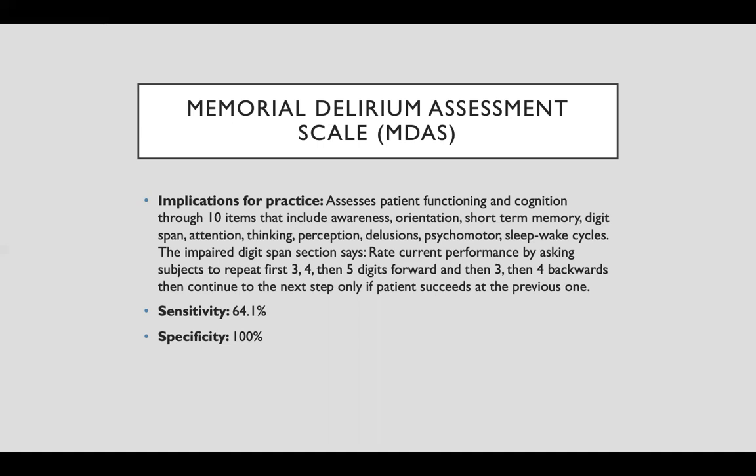And the impaired digit span section says rate current performance by asking subjects to repeat the first 3, 4, then 5 digits forward, and then 3, then 4 backwards, then continue to the next step only if the patient succeeds at the previous one. Some sensitivity here is 64.1, and specificity is 100%.